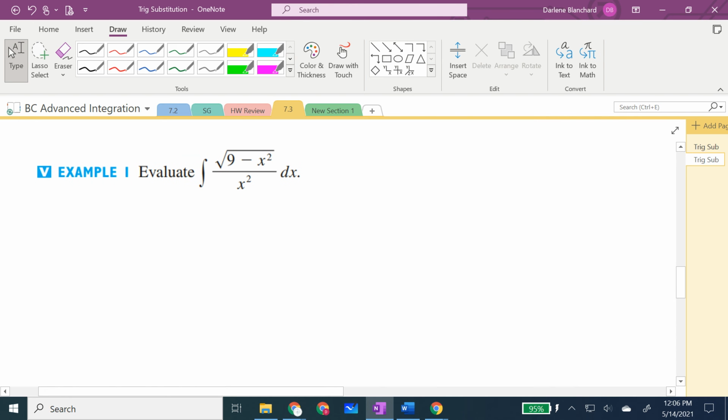When you use trig substitution, most of the time you do have a square root in your integrand, but you don't always have a square root. As we go through different problems, I'll expose you to other situations. For now, most of the time you see a square root, and under that square root, you see something where, I'm going to throw this little tidbit out there.